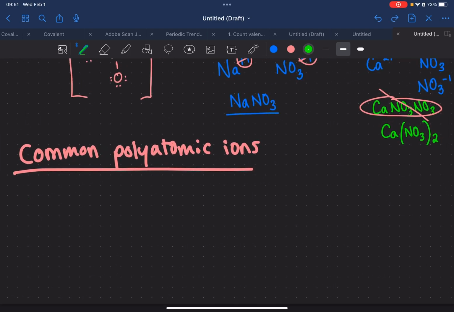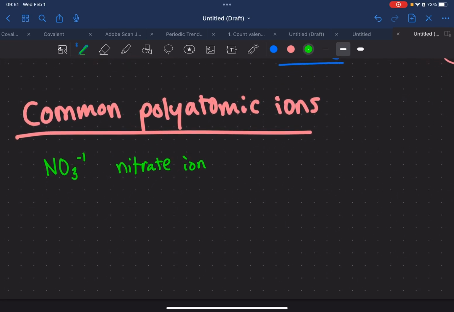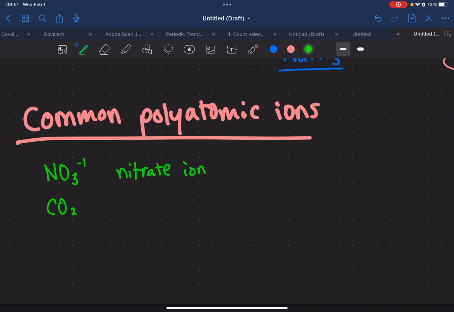The first one is nitrate, NO3 minus 1. That's called a nitrate ion. The second one I want you to write down is CO3. This one has a charge of -2. This is called a carbonate ion. PO4 -3.